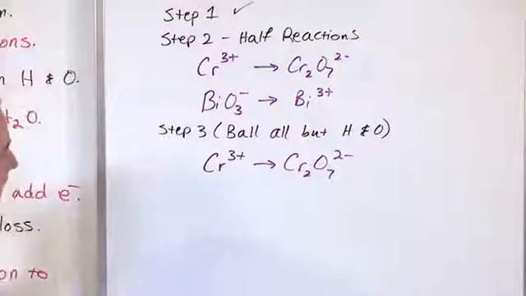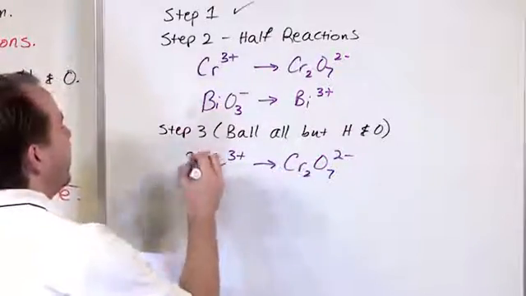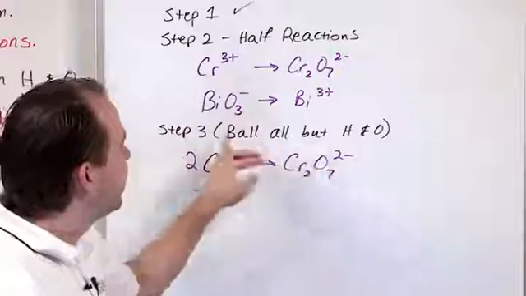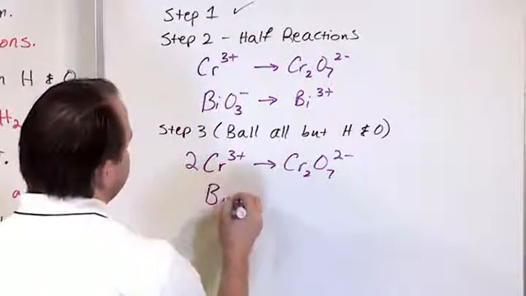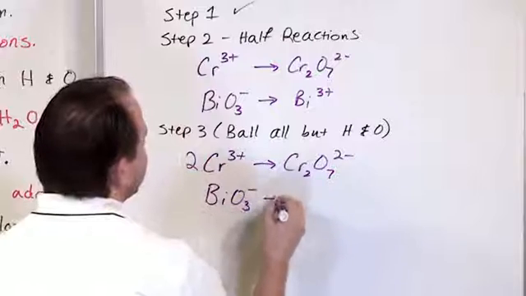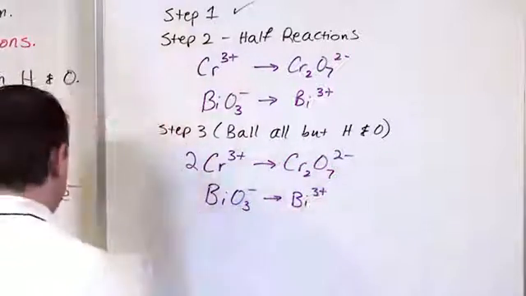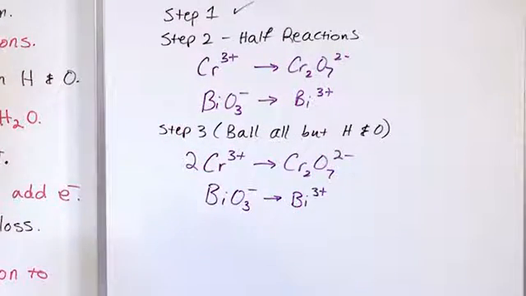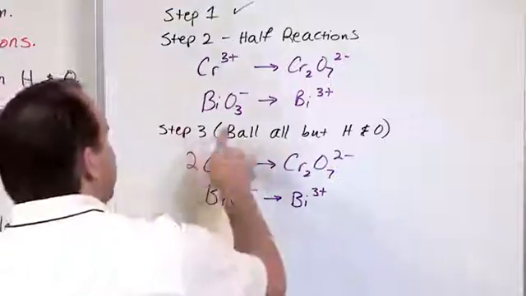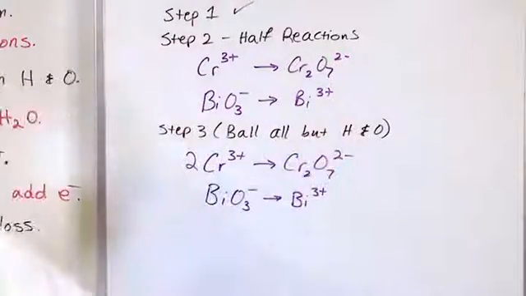When we look at this, we have 2 chromiums here, so the way we balance is we put a 2 there. We ignore the oxygen because we're not dealing with oxygen in this step. Then we have the bismuth ion going to this ion over here, and we realize that's already balanced. 1 bismuth, so we can just copy it on down. So step 3 is complete. We've balanced everything except for hydrogen and oxygen.